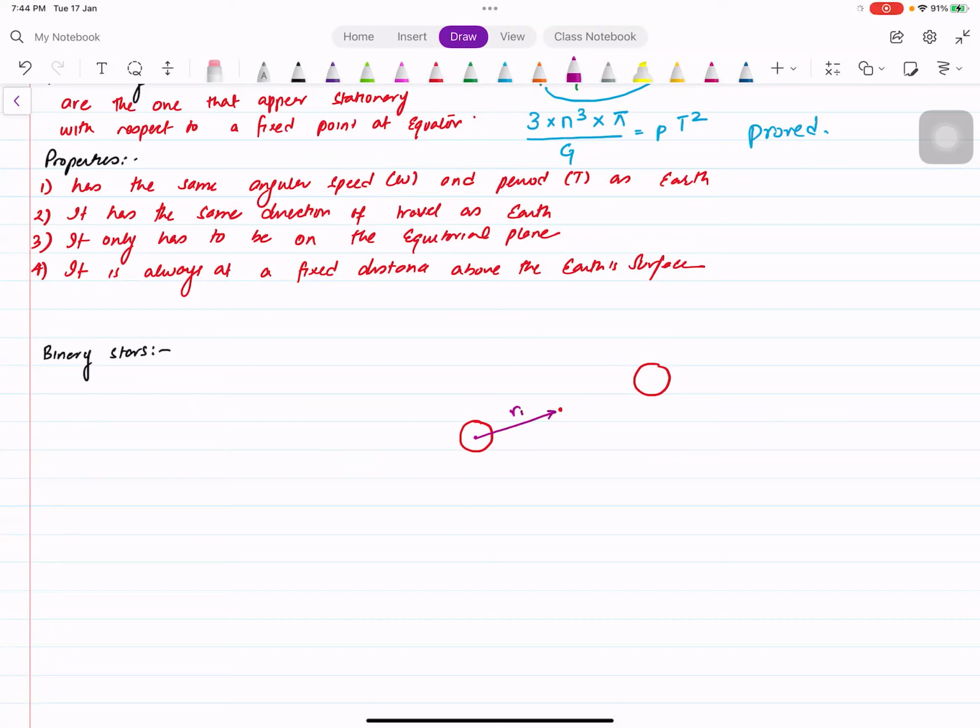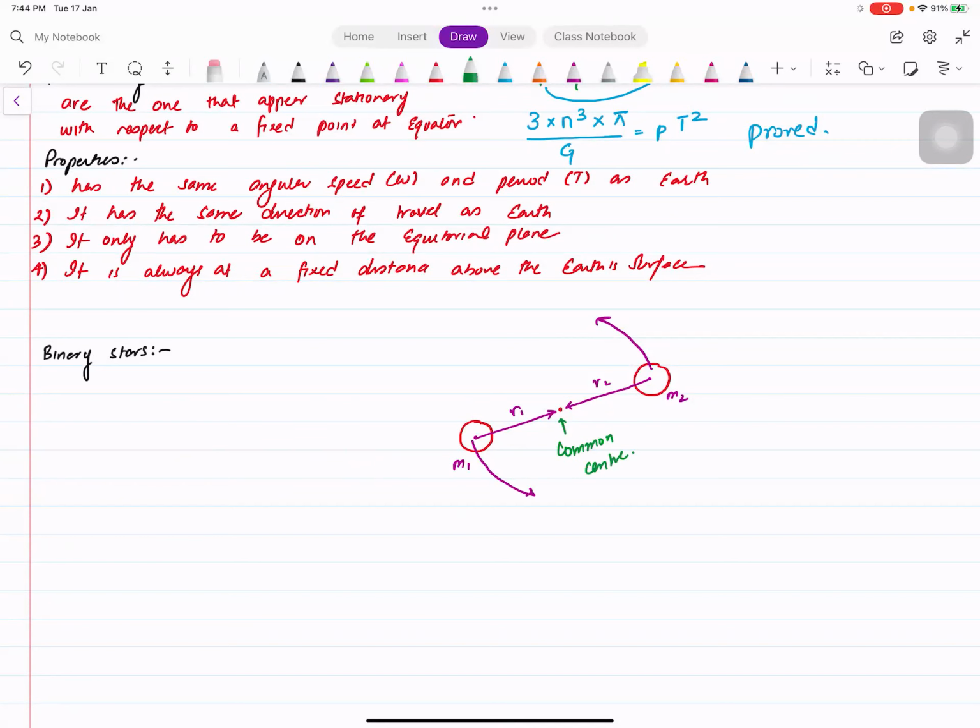So let's suppose R1, and this star has R2 distance. And they basically go about in the same direction with each other, like clockwise or anti-clockwise, about their same common centers, and they may have different masses as well. So this point is the common center, right?